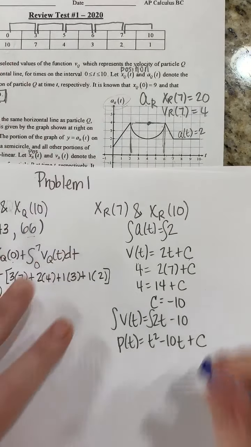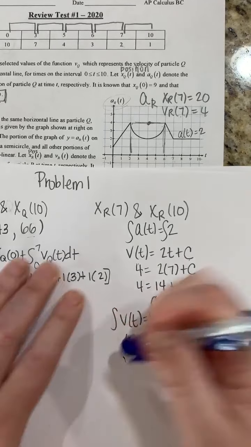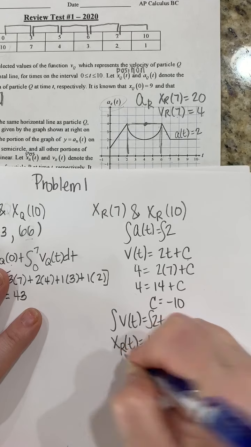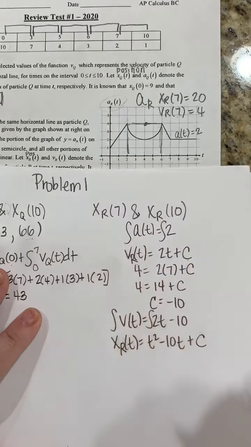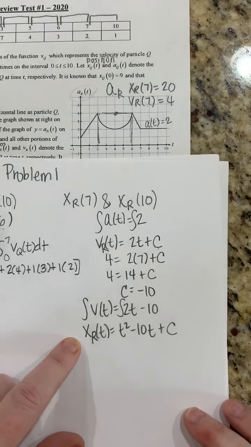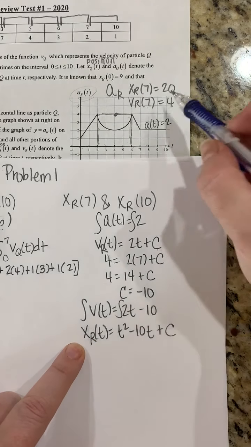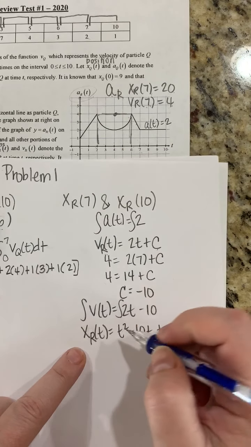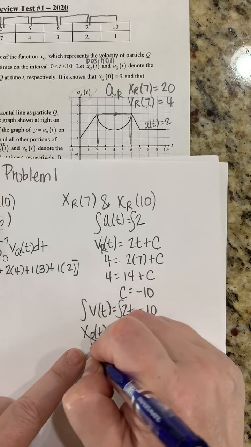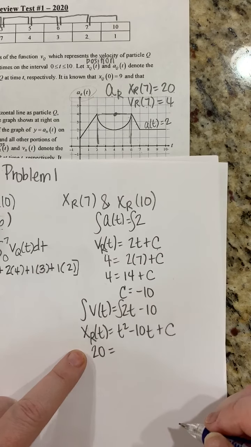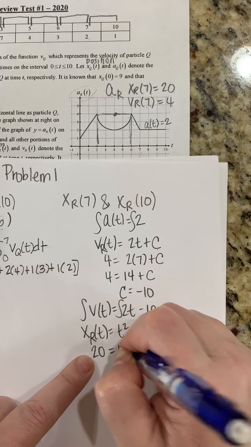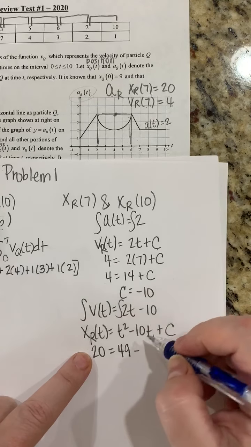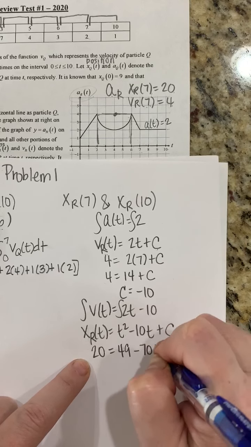Oops, but I'm calling position x, sorry. XR of t. So if I know my position function, but I know my position at 7 is 20, my position at time equals 7 is 49 minus 70 plus c.